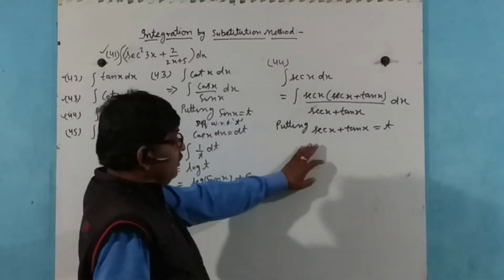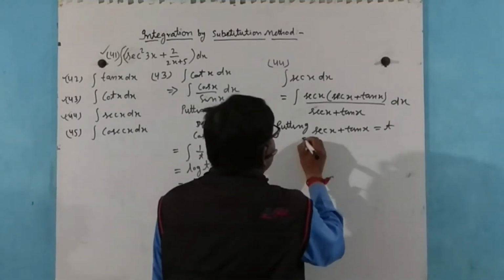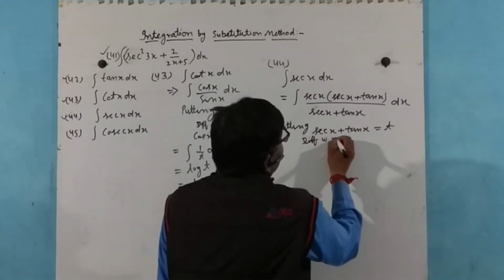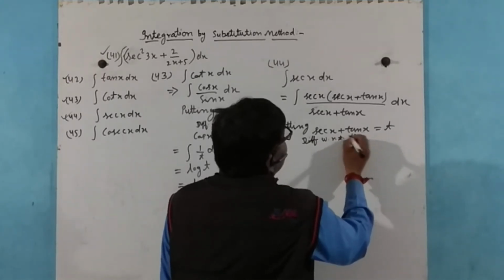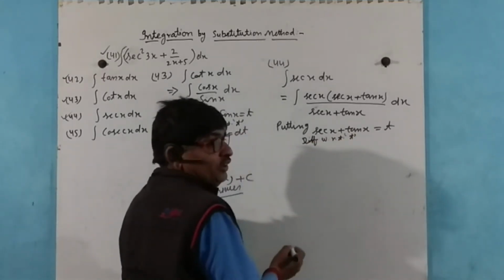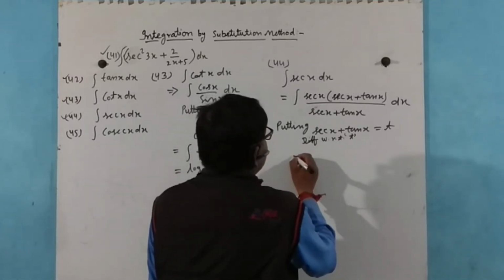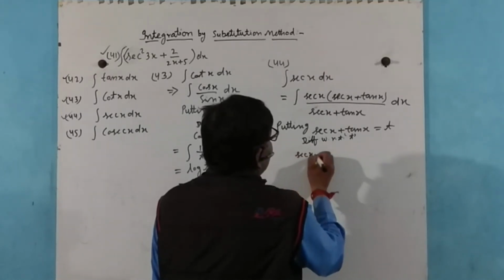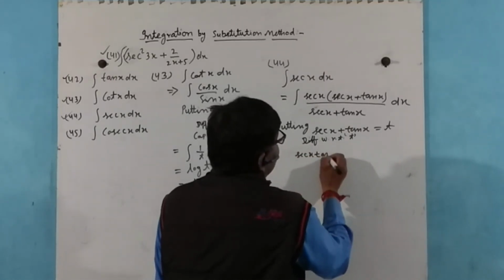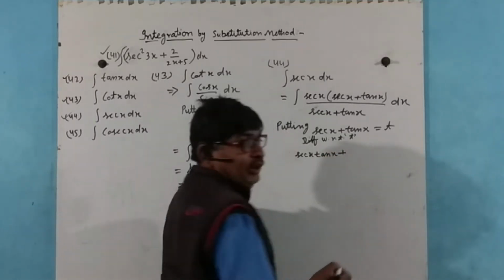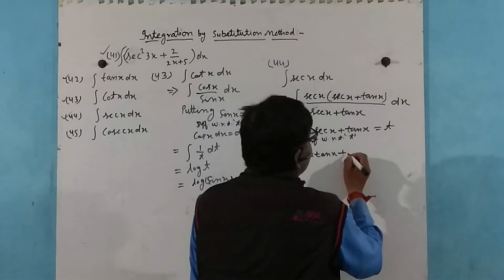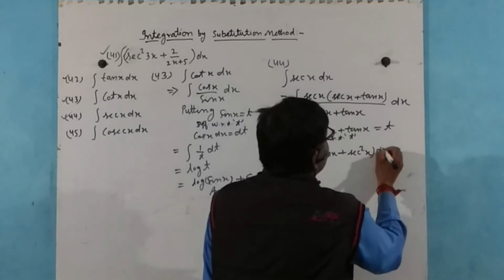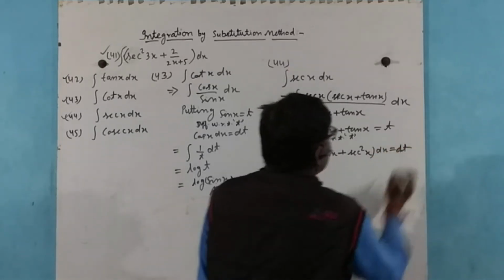After that, differentiating it, sec x plus tan x gives sec x tan x, and differentiating tan x gives sec square x dx equal to dt.